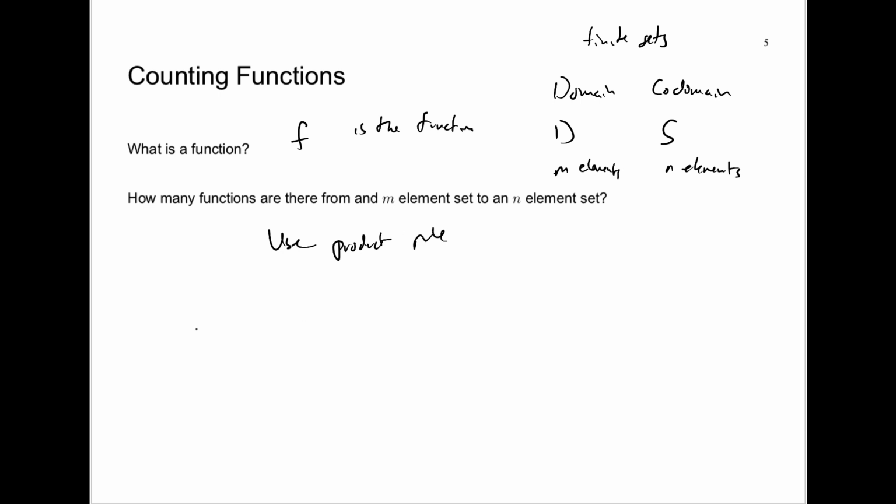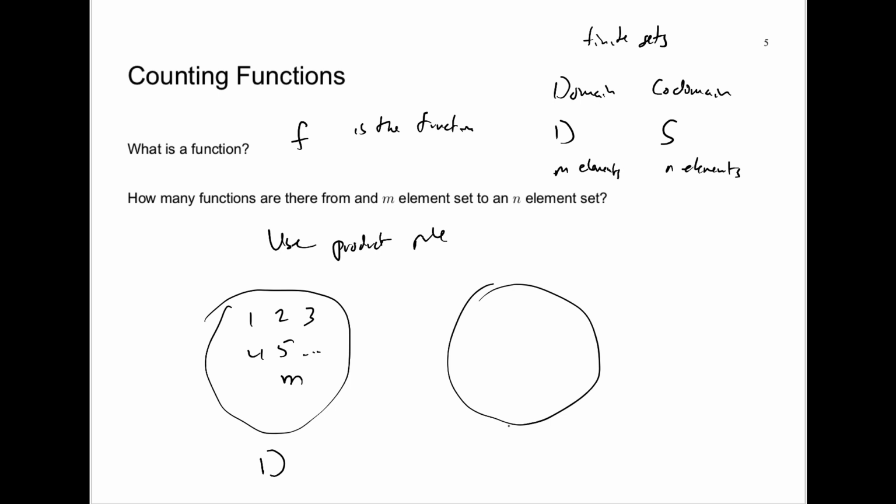Let's take a look. In order to use the product rule, let's look at it this way. The domain here, D, consists of the numbers 1, 2, 3, 4, 5, all the way up to M. The codomain, which I'll call S here, consists of the numbers 1, 2, 3, 4, 5, all the way up to N. And what does it mean to be a function? The function f will take each element in the domain and map it to some element in the codomain.